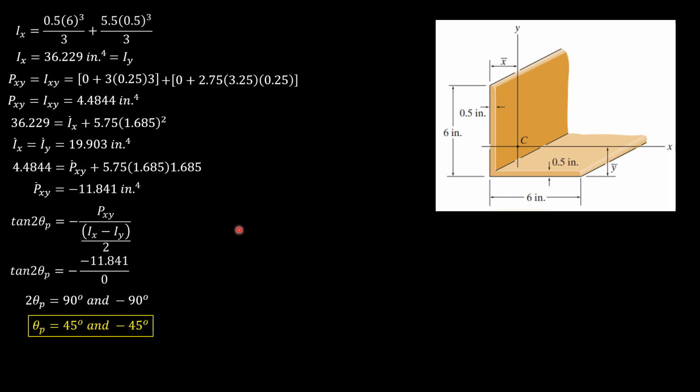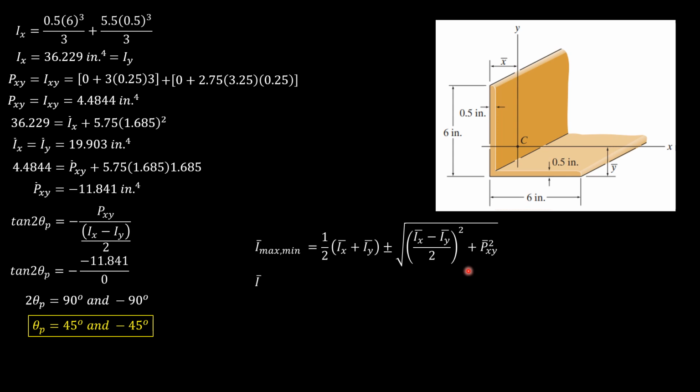Then for the maximum value and minimum value, I bar max or min is 1/2 quantity I bar x plus I bar y, then plus minus square root of quantity I bar x minus I bar y over 2 square plus product of inertia P bar xy quantity square.